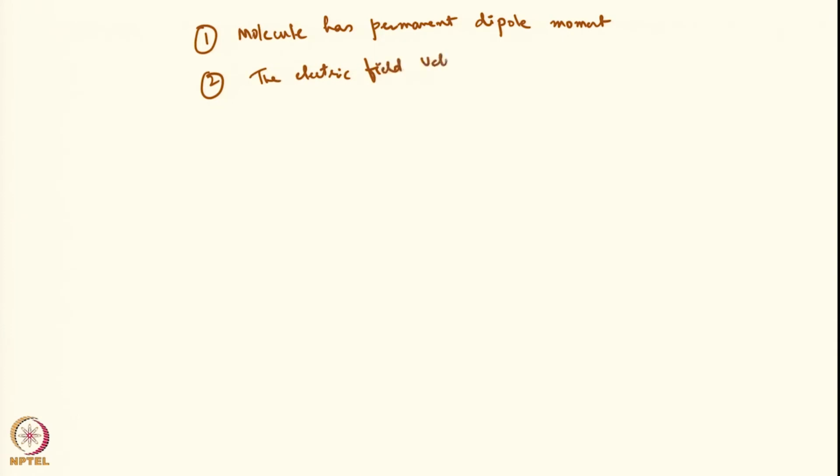So two things: one, the molecule has a permanent dipole moment, and two, the electric field vector of the light has a non-zero projection along the dipole moment.